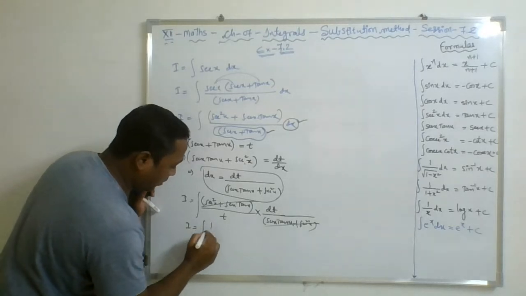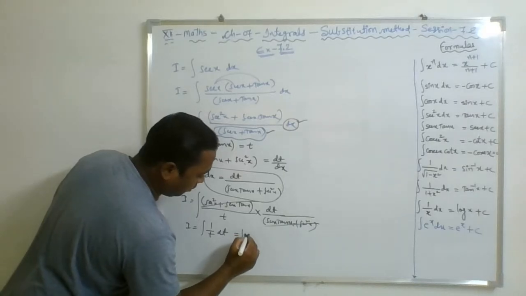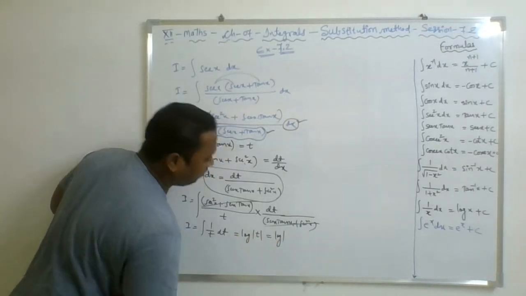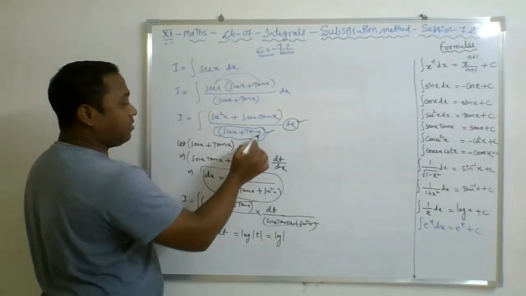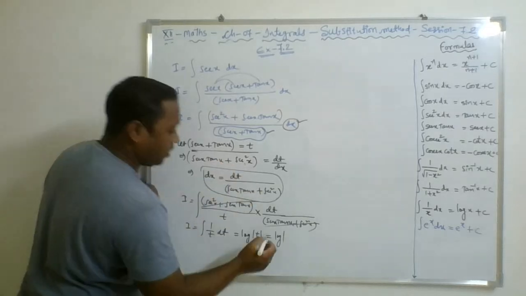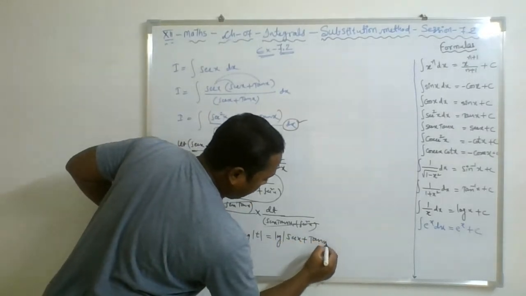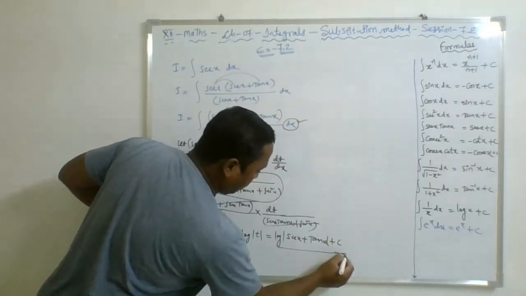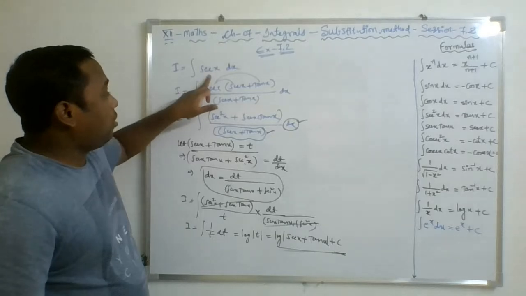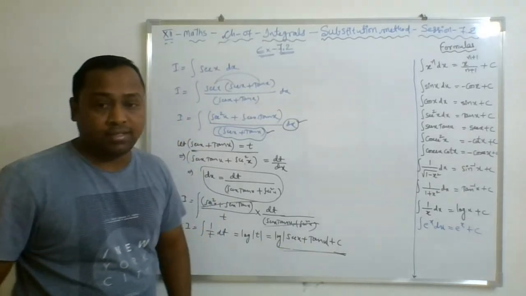We are left with 1 by t into dt, that is log of modulus t, which is the function we have assumed here. It becomes sec x plus tan x plus c. So this becomes the formula: the integral of sec x is log of sec x plus tan x plus c.